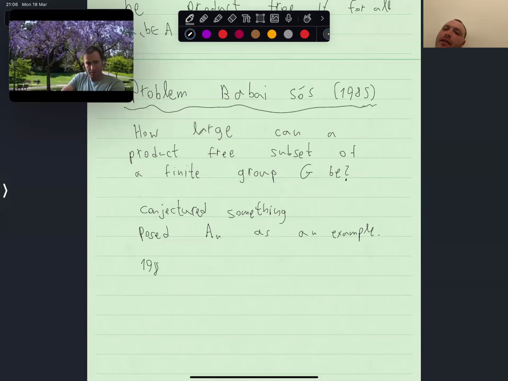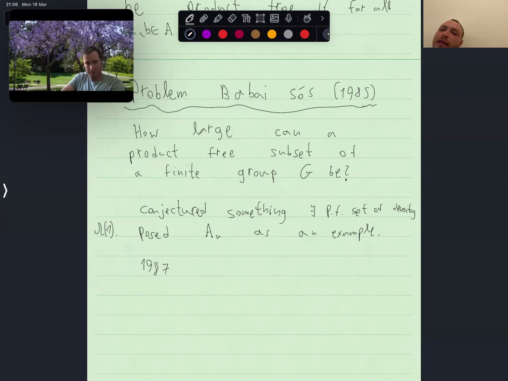Basically they conjectured that there always exists a product-free set of density Omega(1). So they conjectured there exists a set whose size is the size of G over 100, something like that.